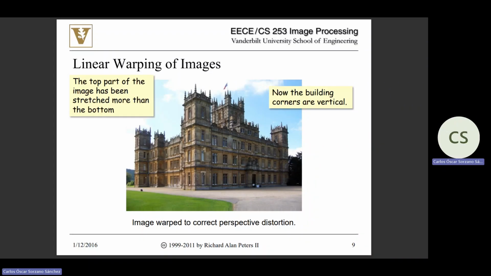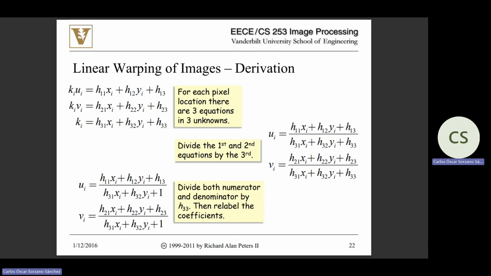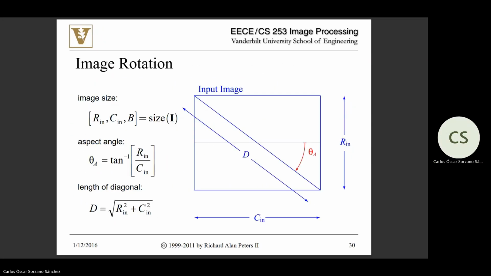This is the one we have obtained with these homogeneous coordinates. Okay, good. So any question up to here? Okay, so the last part of the lecture is about rotations.